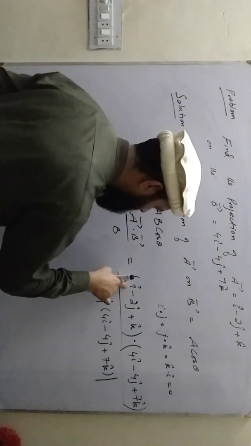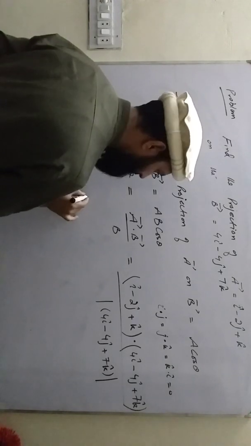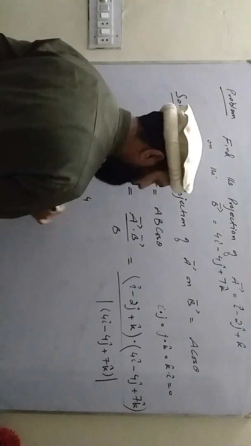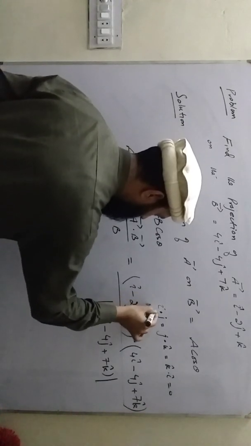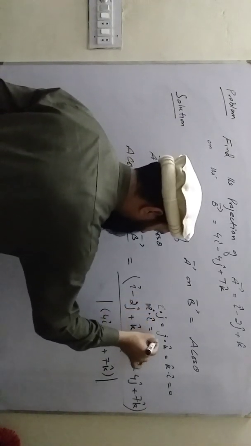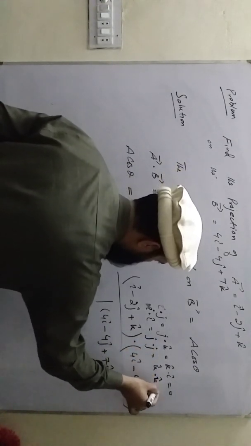So the coefficient of i is 1, multiplied by the coefficient of i, which is 4, and i dot i, j dot j, k dot k give 1.